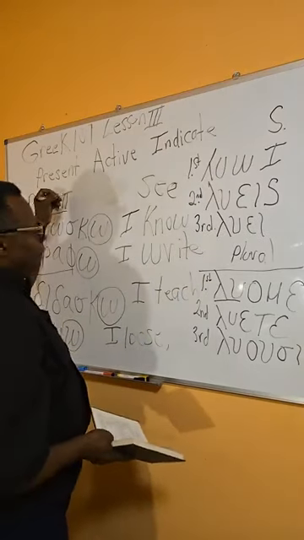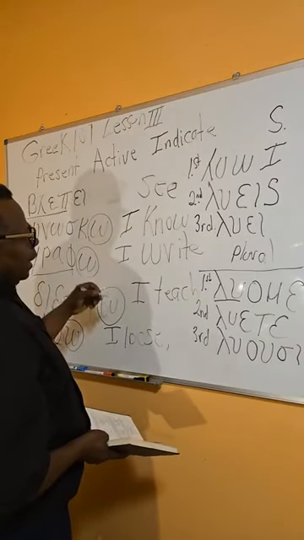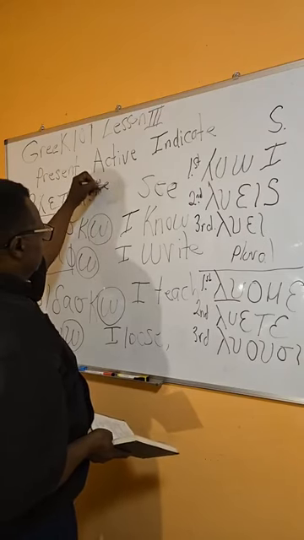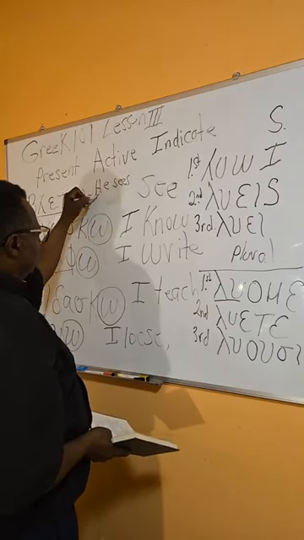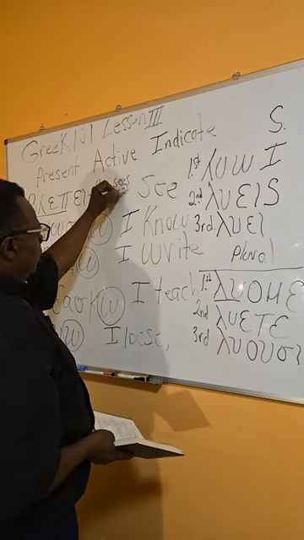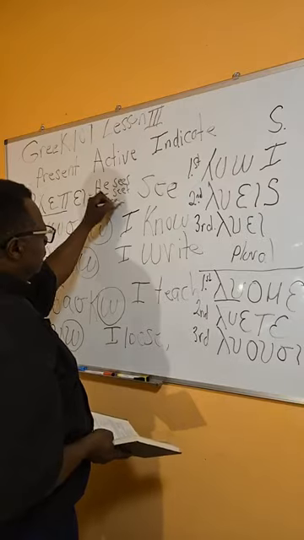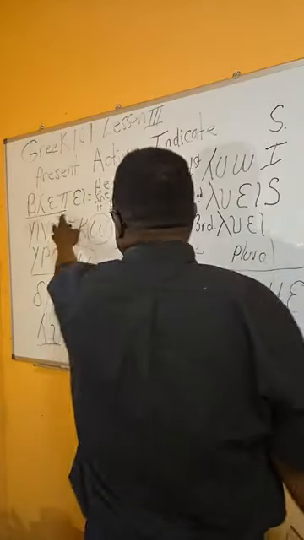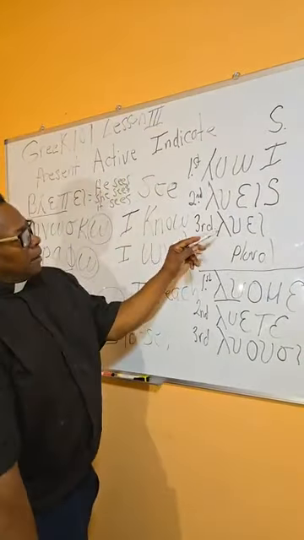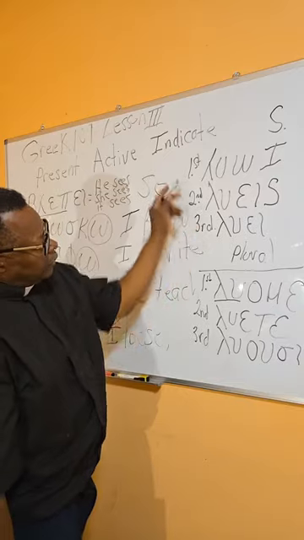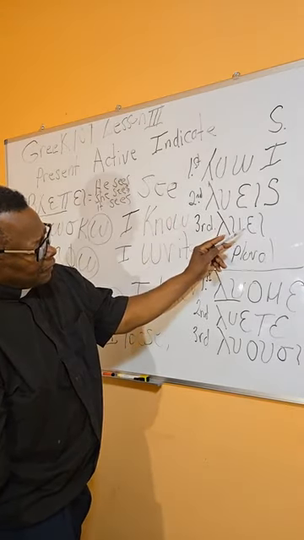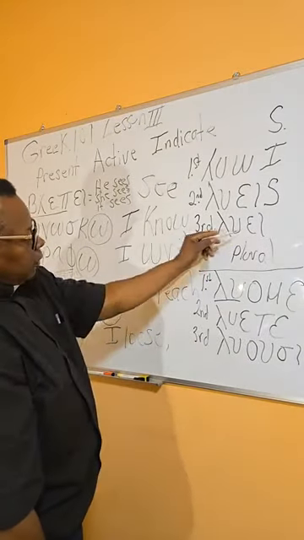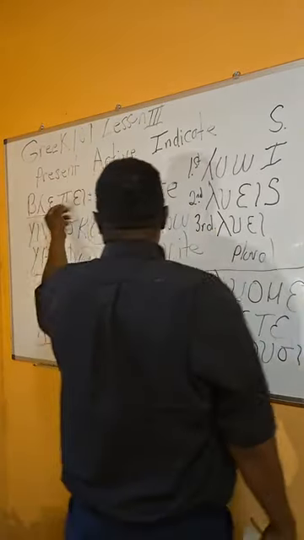If I put blep, epsilon iota, that means he sees, or she sees, or it sees. See that? That's right. I changed the ending of that verb called blep, and I came over here to look at my paradigm, my chart, and I noticed that the third person singular is luei. I take away the ending and add it to the word blep.